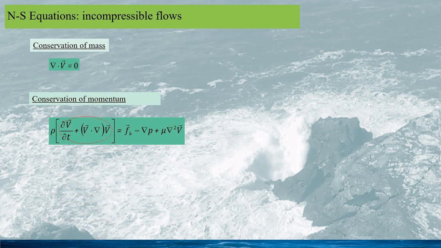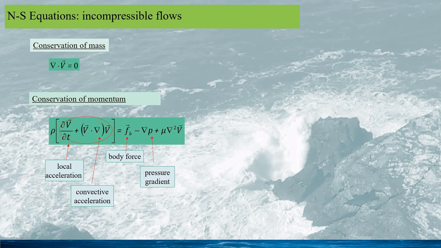In this equation, we can see the substantial derivative is used for calculating the total acceleration of fluid, the local acceleration, and the convective acceleration. The forces acting on the fluid include body force, for instance the fluid gravitational force, the surface force due to the pressure gradient, and the viscous force.